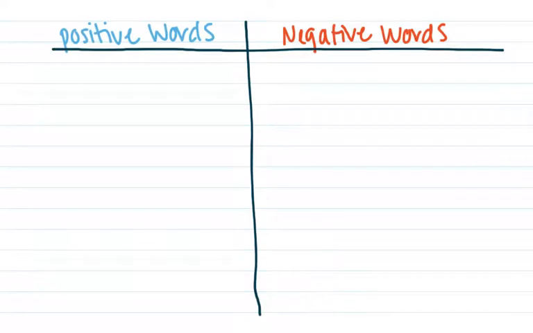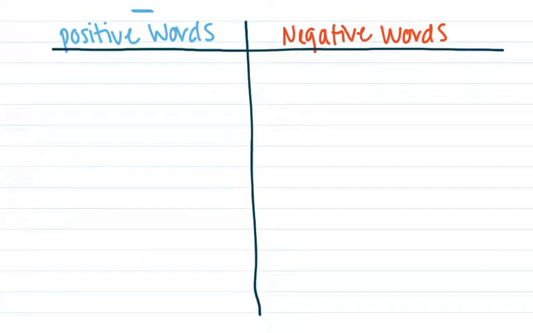Now, how do we apply positive and negative numbers to real life? Let's take a look at some positive words and some negative words. Out in the real world, if you hear someone talking about a profit or maybe depositing money or saving money, those are all positive things. That means that money is being added to your account or you're keeping your money. So we would put those under our positive list of words.